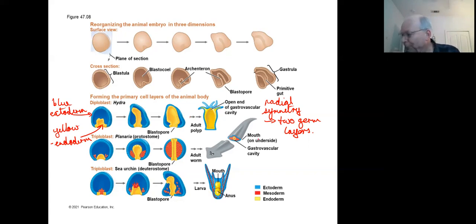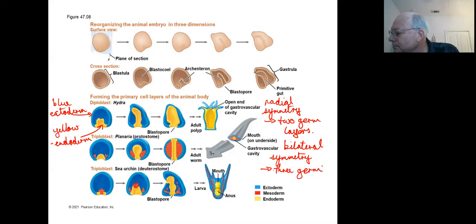When you come to bilateral symmetry, you have three germ layers. And so the third one is the red, and that's called mesoderm.